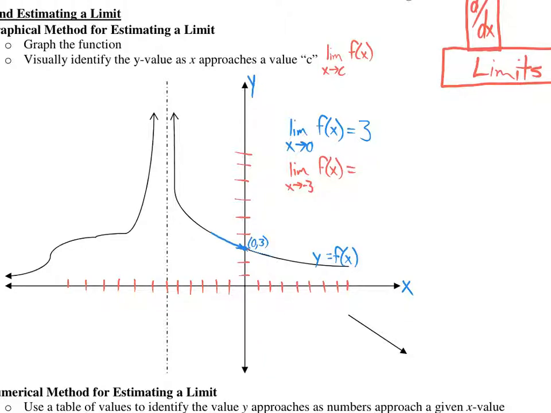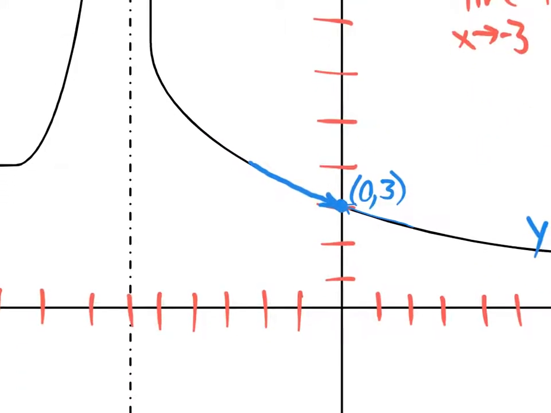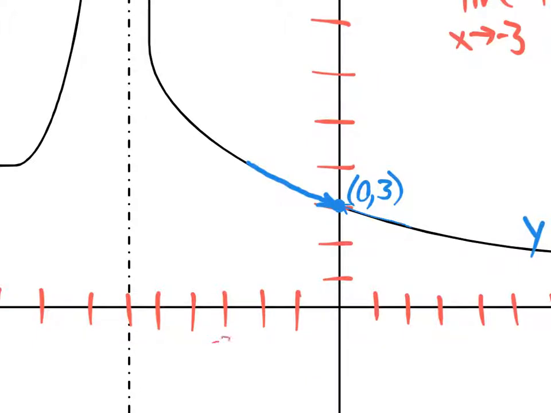If we look at where x is -3, I look straight up here, here's our function. As we come from the left, it's approaching a particular value. As we come from the right, it's approaching the same value.